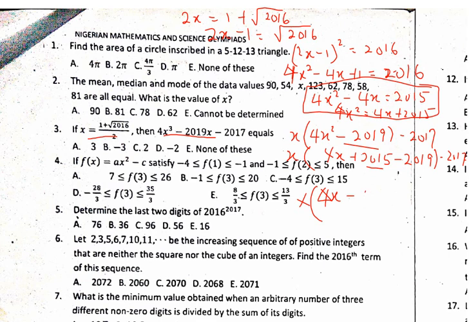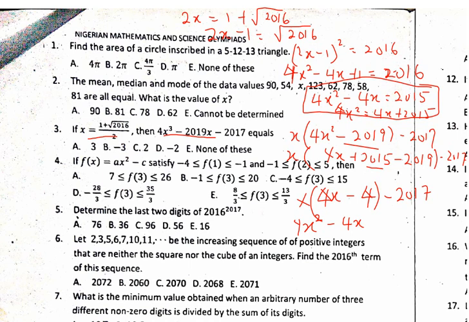We are just trying to manipulate those figures to see whether we can get something great out. If you multiply this, we have 4x squared minus 4x minus 2017.